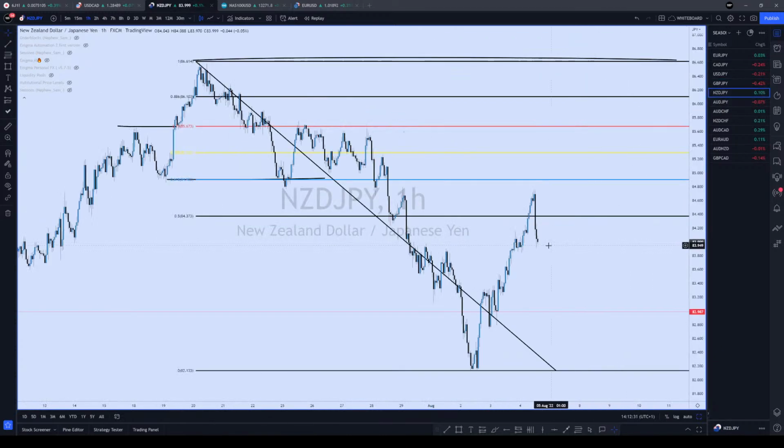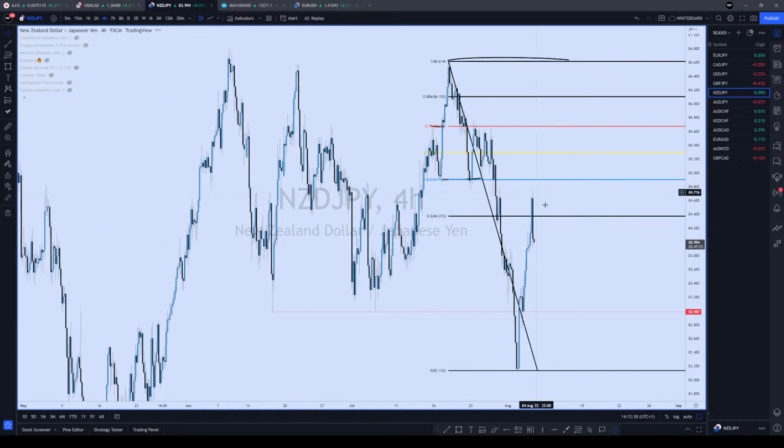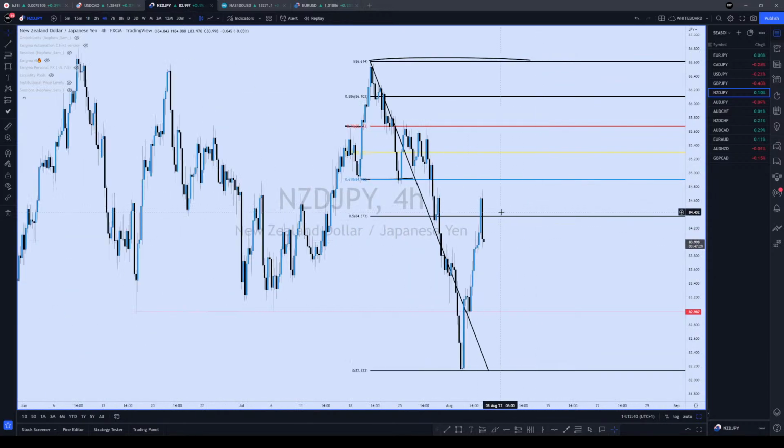New Zealand yen, I think we might get one more push to the upside on this as well, but I'm not interested in this. Looking at the H4 doesn't really appeal to me. The way the H4 has closed, it's not the best close for a continuation, right?